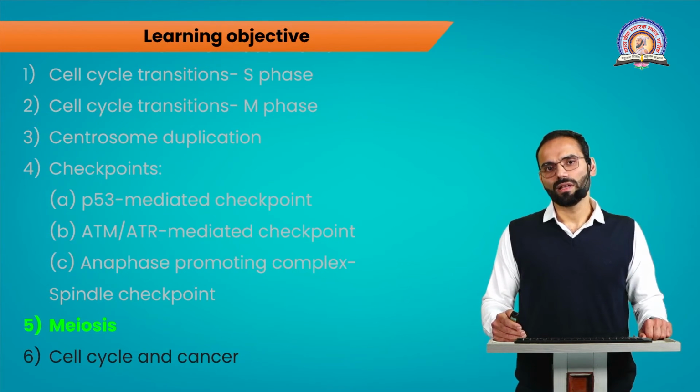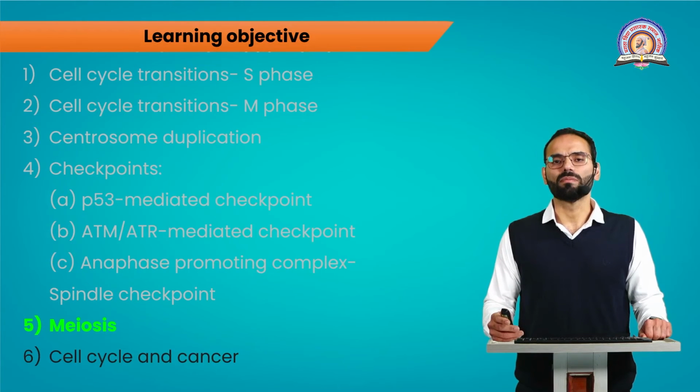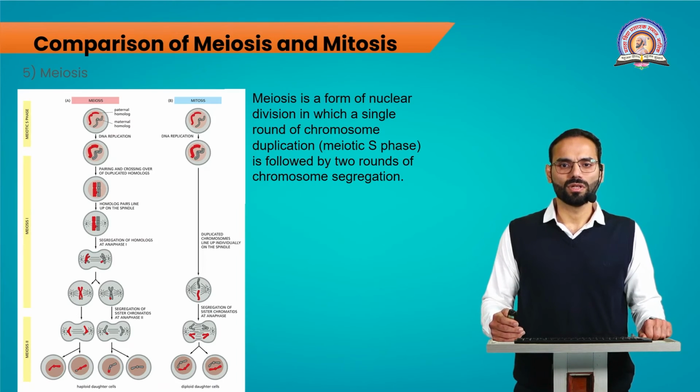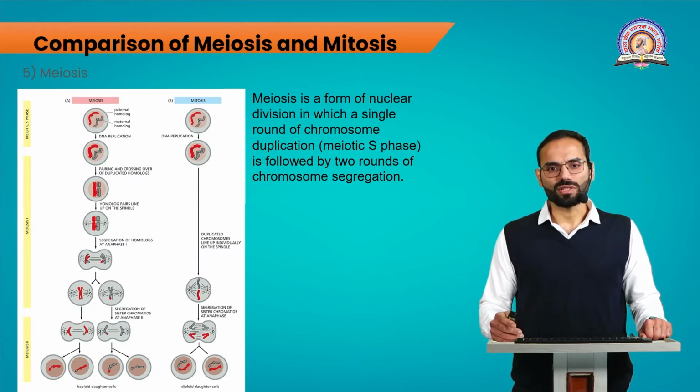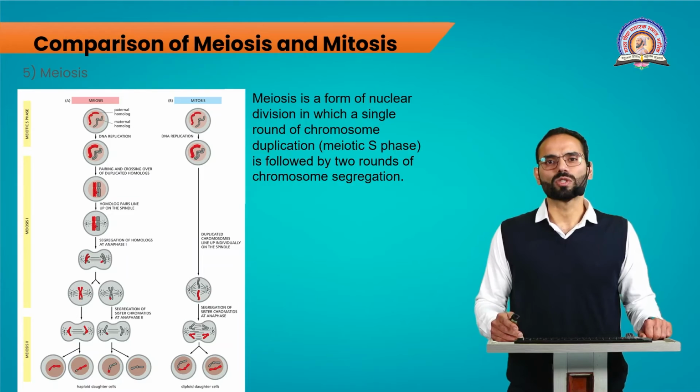So next, I would like to give you a brief overview of meiosis, and we'll also compare it with mitosis. Meiosis is a form of nuclear division in which a single round of chromosome duplication, which specifically happens in meiotic S phase, is followed by two rounds of chromosome segregation.